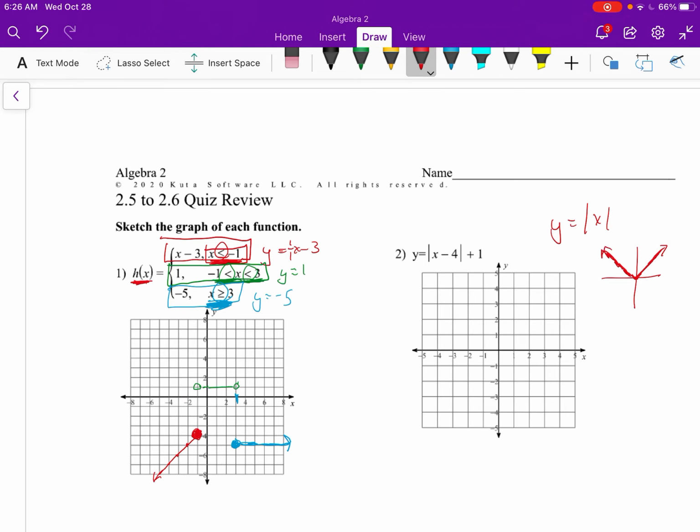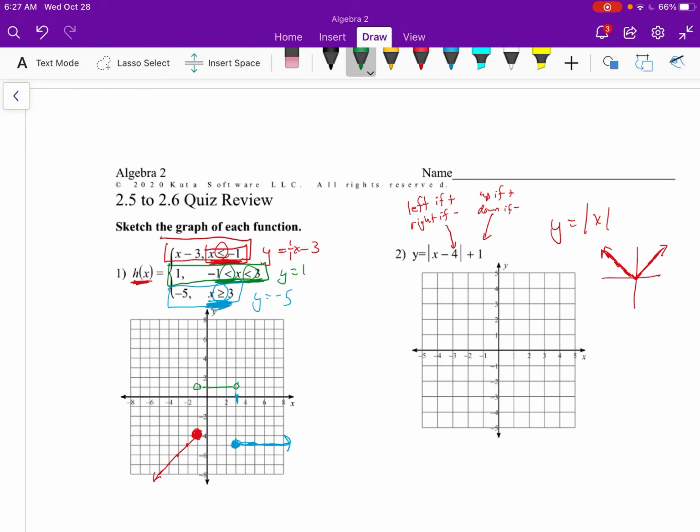And we learned that adding or subtracting inside the absolute value will move this left or right. It actually moves left if it's a positive number, and it moves right if a negative number. And then adding out here, this moves it up if positive and down if negative.